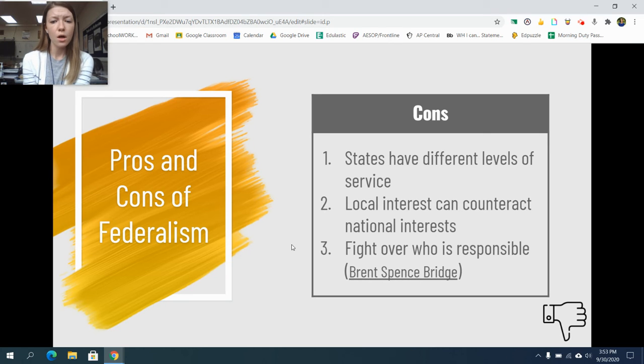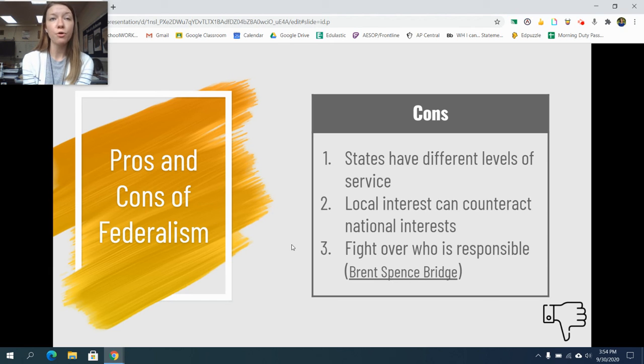Number two, local interest can counteract national interest. I think one of the best examples of this is the fight that we've seen recently over whether we tear down Confederate monuments in southern states. Confederate monuments are from the Civil War, maybe recognizing generals of the Civil War, and the Civil War was really fought over slavery.